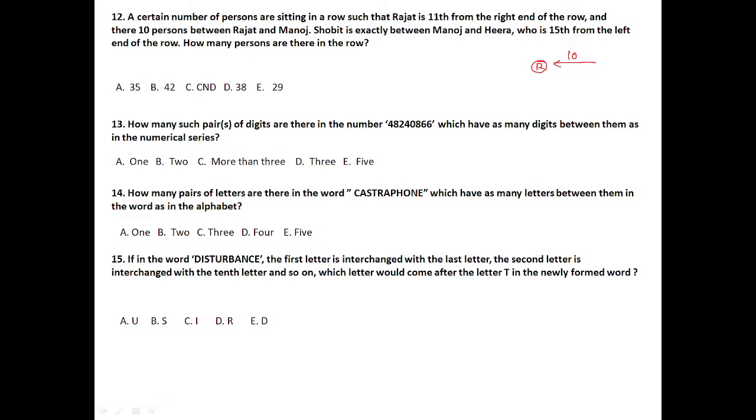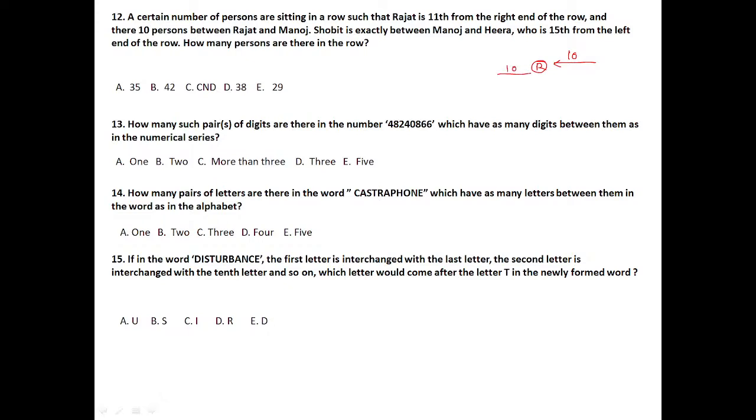See, we can't go to the right-hand side of Rajat, because if they are all sitting facing the north, then at most 10 persons can be seated to the right of Rajat. So we have to move to the left side.